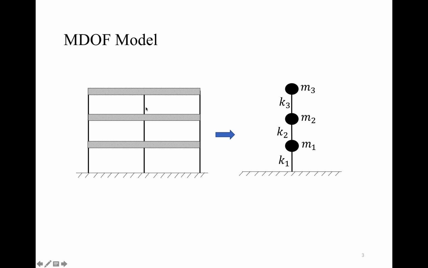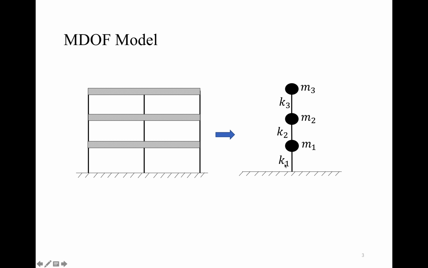For example, in the case of a building structure, we consider each floor as one mass, with columns and frames providing the floor stiffness like this, and we consider this kind of structure model.